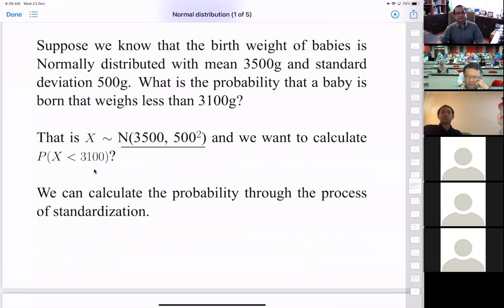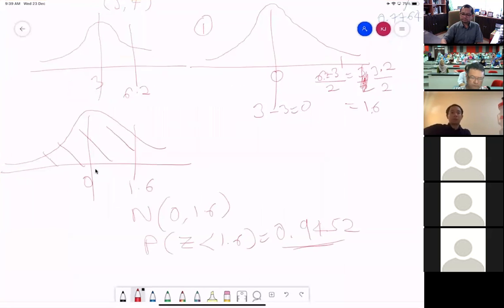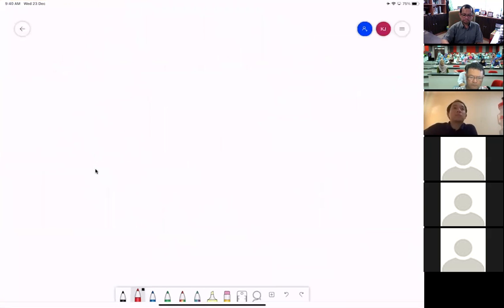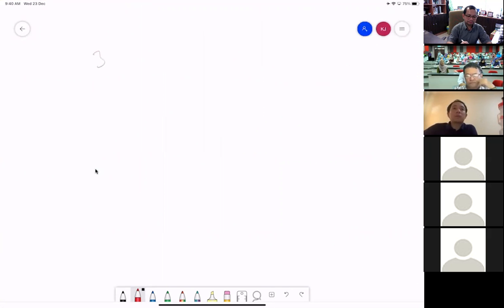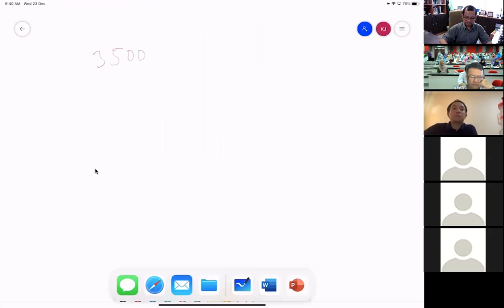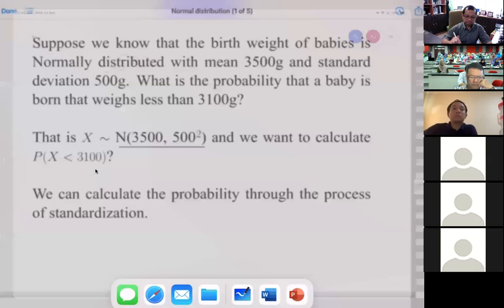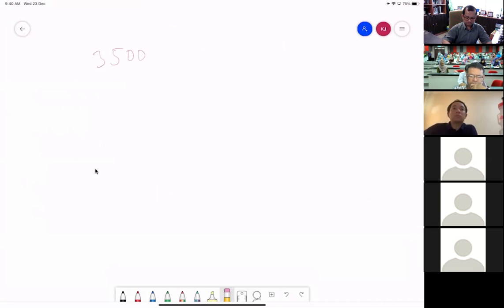What is the probability of less than 3,100? Initially the mean is 3,500 like this.